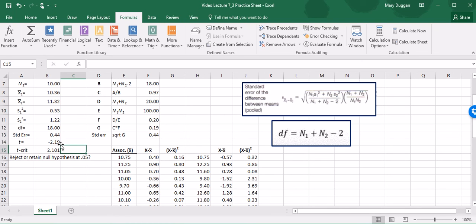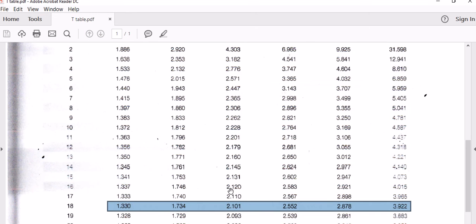Because our t is 2.19 and the critical t is 2.10, it would be very unlikely for us to see a difference in means of that size if both samples came from the same population or if both population means were the same. Now recall that even though our t has a negative symbol, we just disregard that when using the t-table. So our t-score of 2.19 is larger than the alpha for 0.05 on the t-table of 2.101.